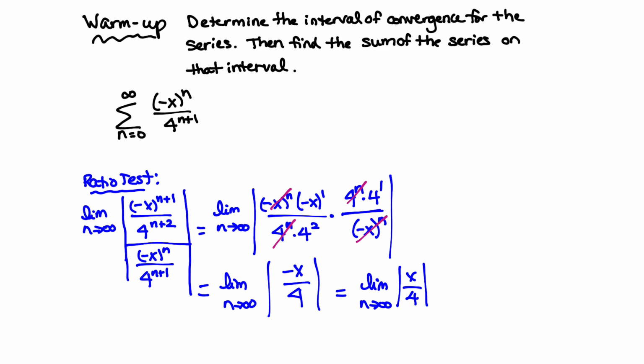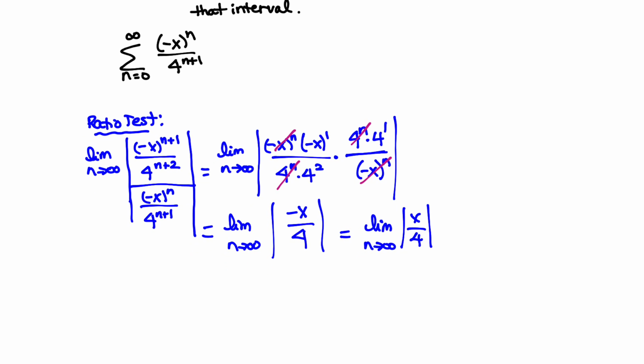And with the ratio test, what do we need to be true? We need that limit to be less than 1. Now, there are no n's in my limit. And because there's no n's, x over 4 is just a constant.